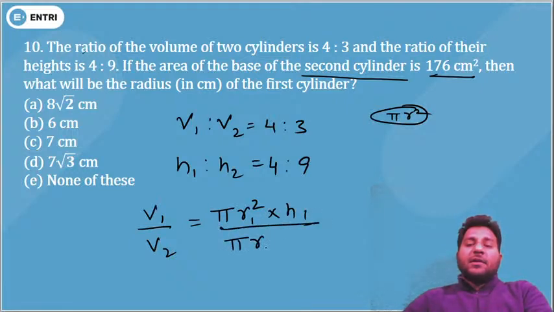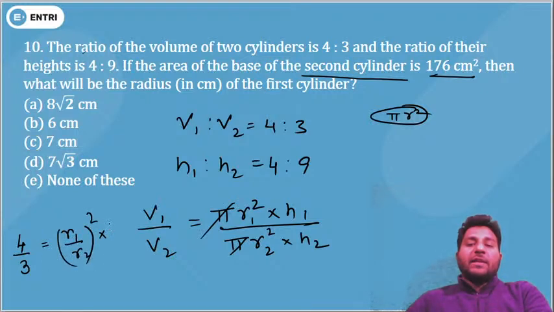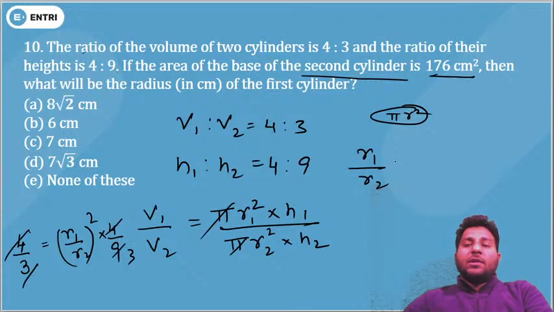Its radius and its height will also be in the ratio. So 4/3 will be the volume, and (R1 by R2) whole square into H1 by H2, which means 4/9. So clearly R1 by R2 equals √3/1.